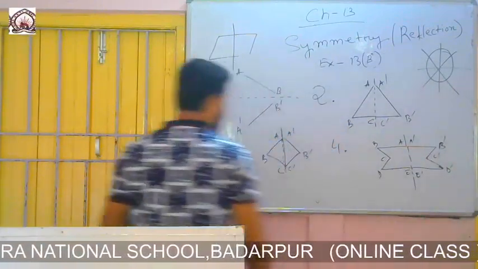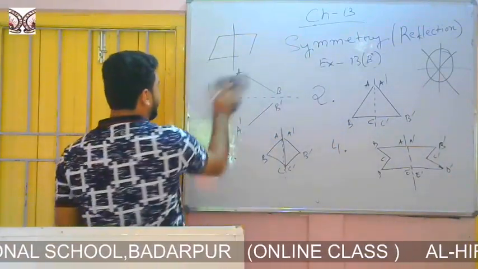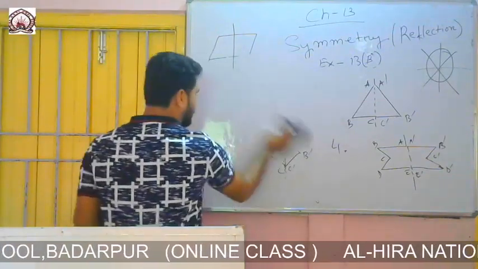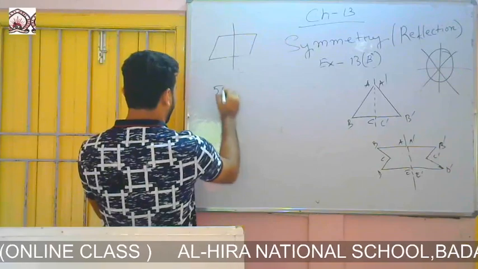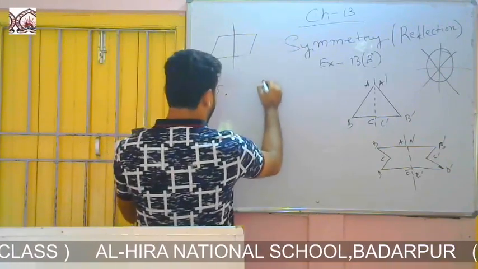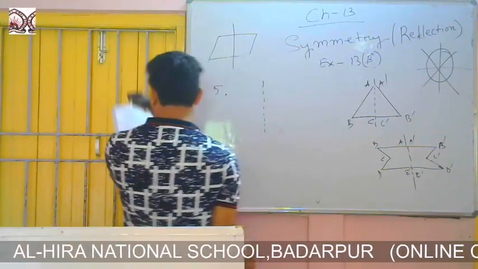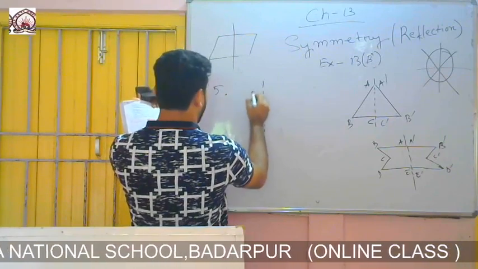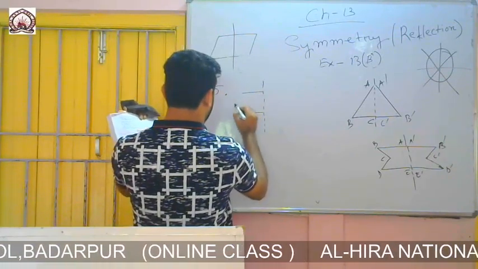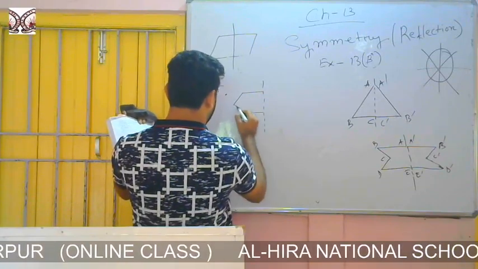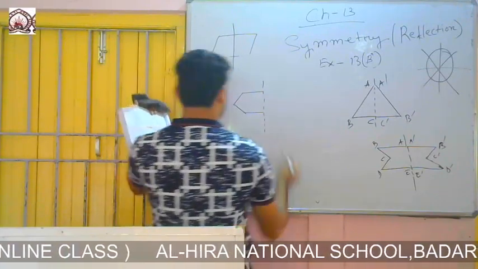Now come to 5. You see, and we have to draw. Then we'll get like this.